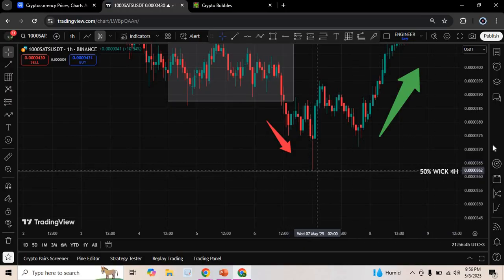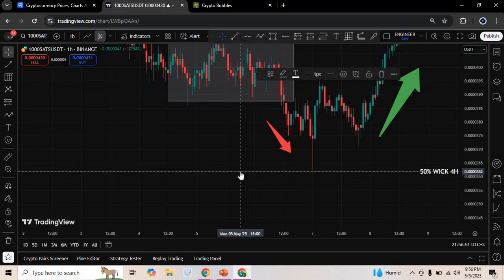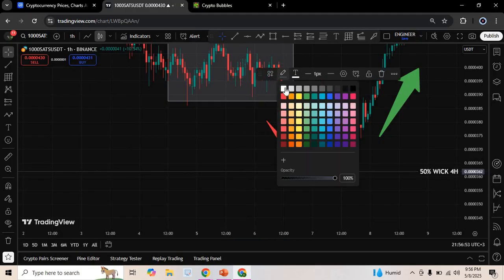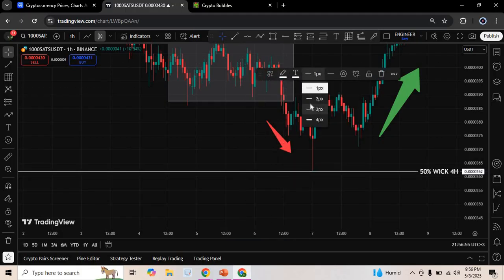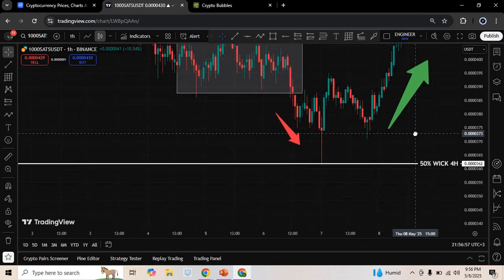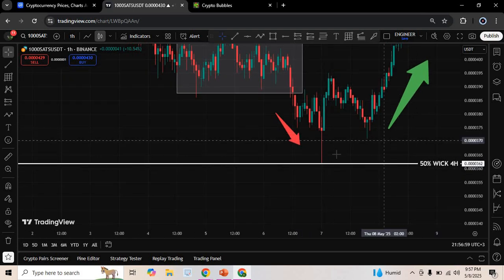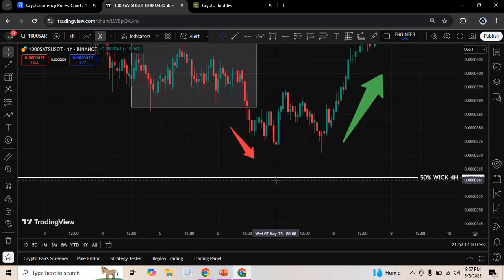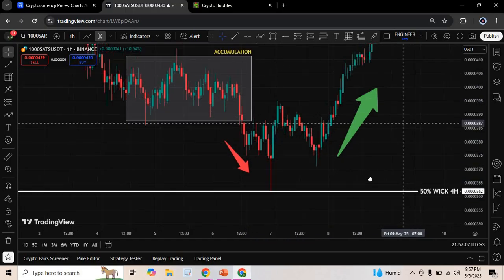So it touched that. Let me make this line white and increase its thickness so that you can all see. You can see that sharp week came to mitigate that 4 hour time frame week before having our distribution.